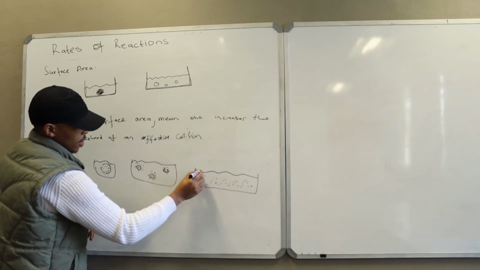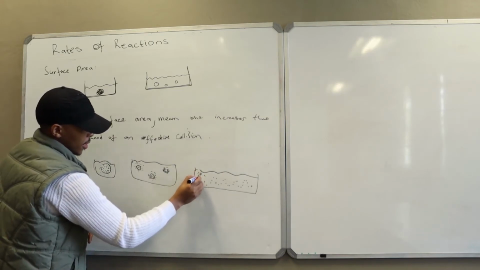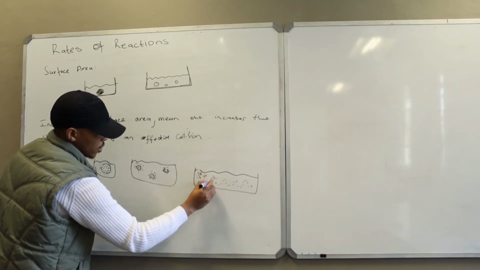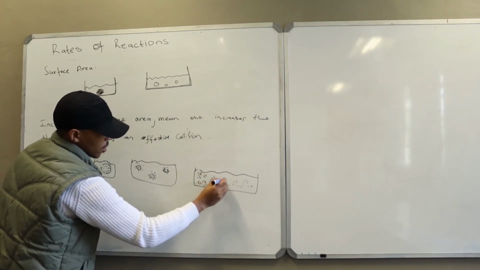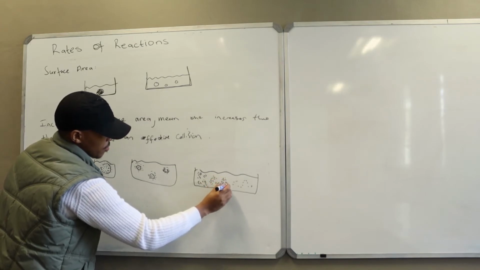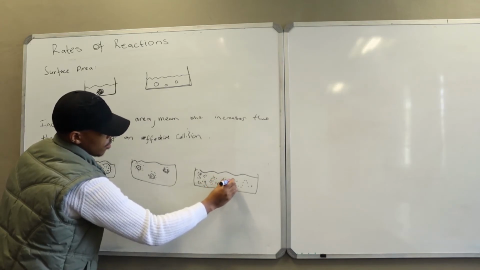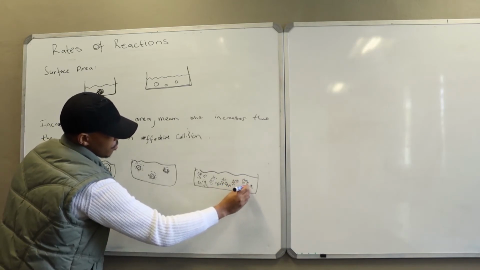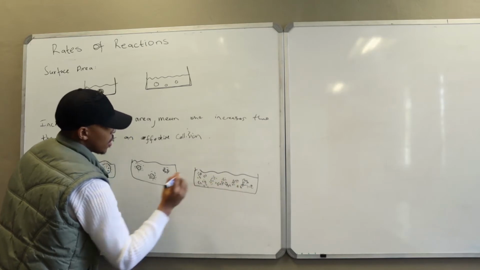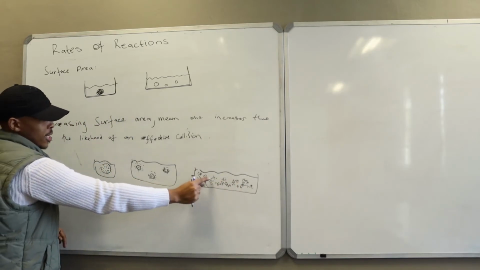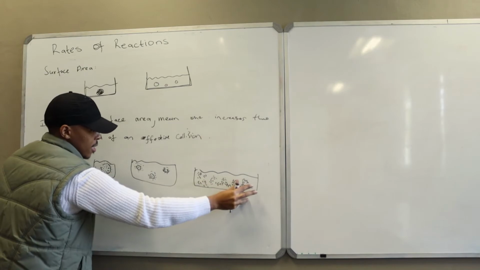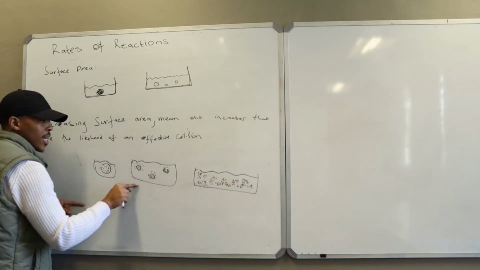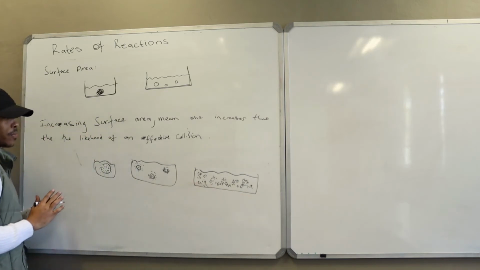So that means there are collisions happening all around these points. Collisions with the solution, collisions. At each and every point, there are more collisions everywhere. So you can see, compare the amount of collisions here, and compare them there, and compare them there. You can see the amount of collisions are increasing towards that side, right?